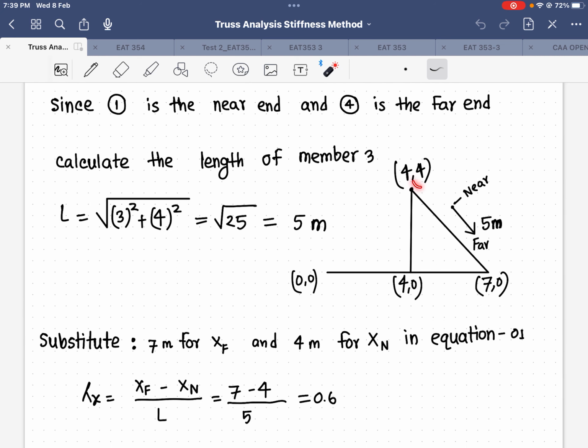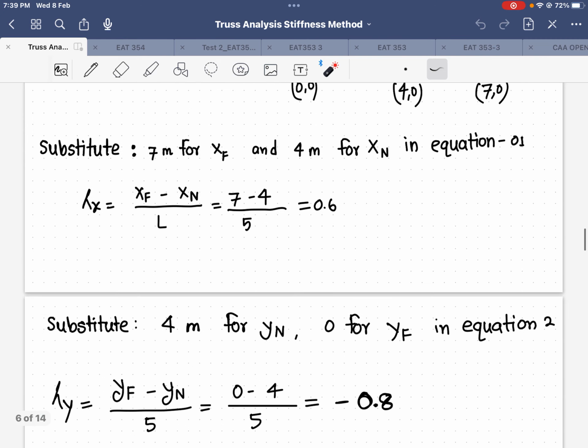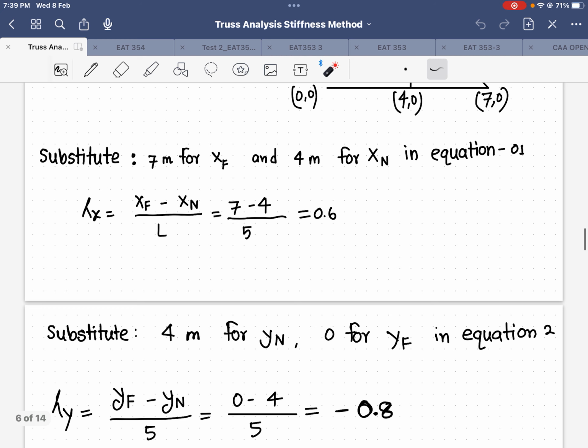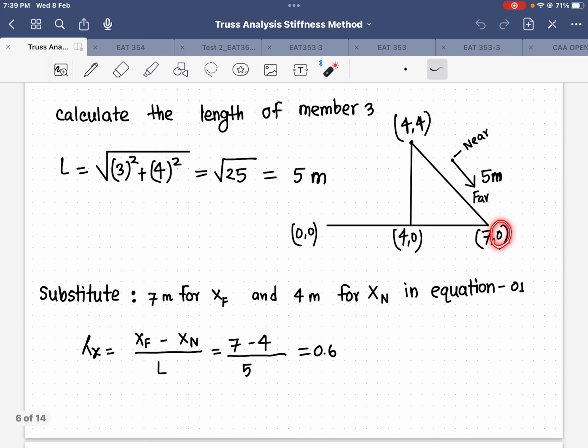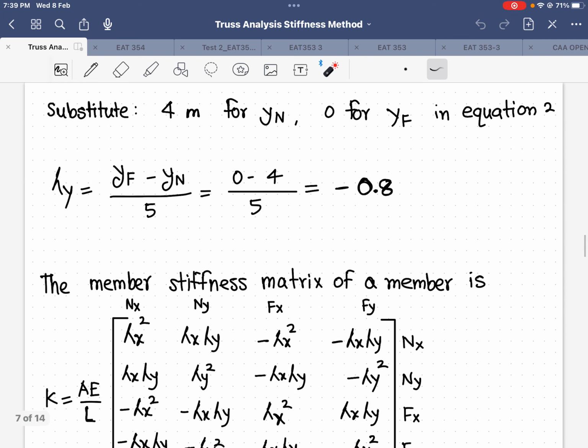You can see the far end y is 0, and for the near end we have 4 as the y value. Using the same method to do the subtraction and dividing by 5, I will get negative 0.8.